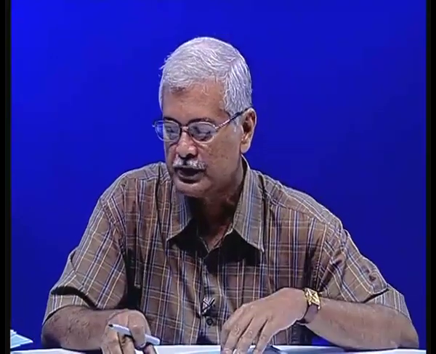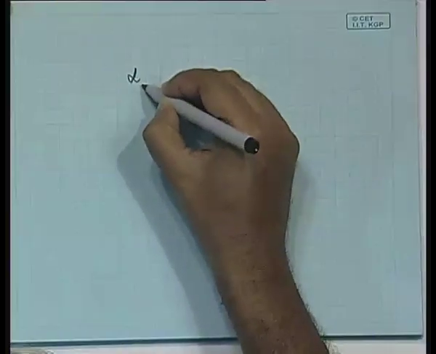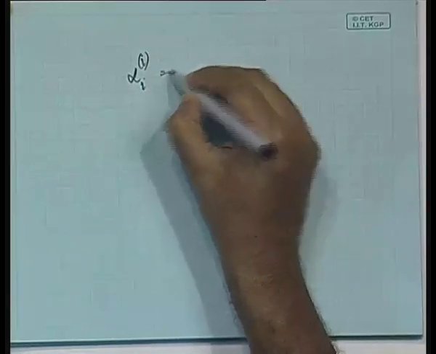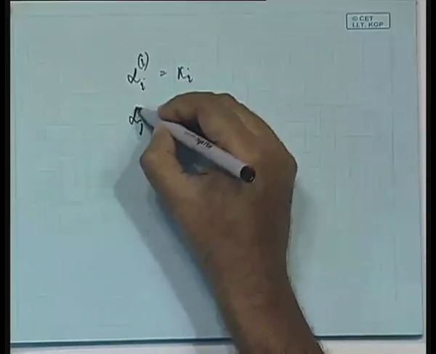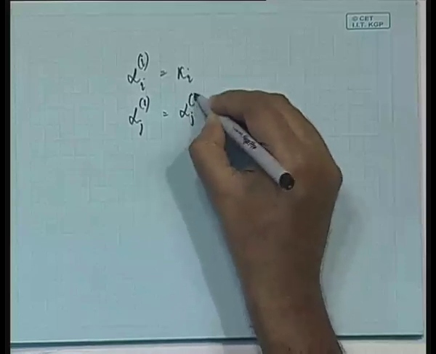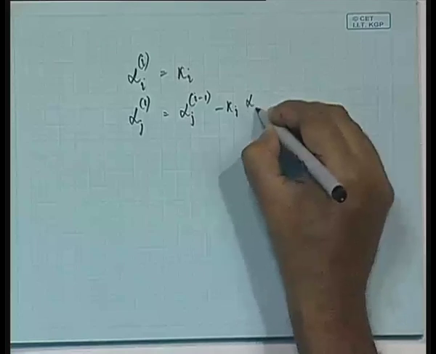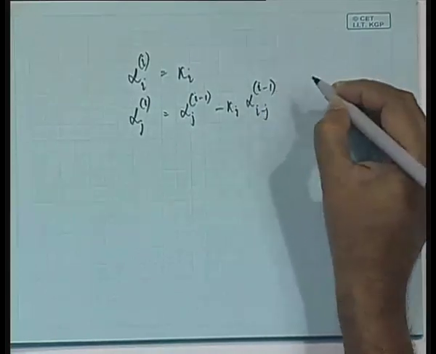In fact there we can follow Durbin's approach, because as you know, as per Durbin we will be having the following recursions: alpha_i at the ith step will be equal to Ki, and alpha_j at the ith step would be equal to alpha_j at the (i minus 1)th step minus Ki into alpha_(i minus j) at the (i minus 1)th step.